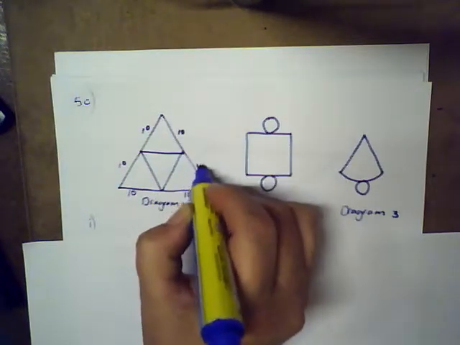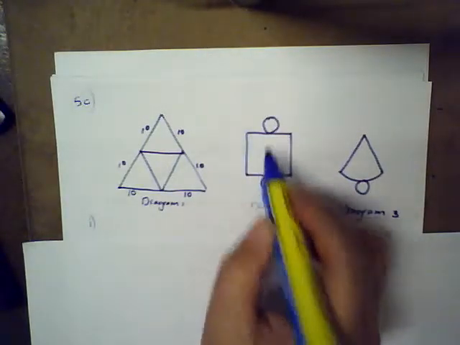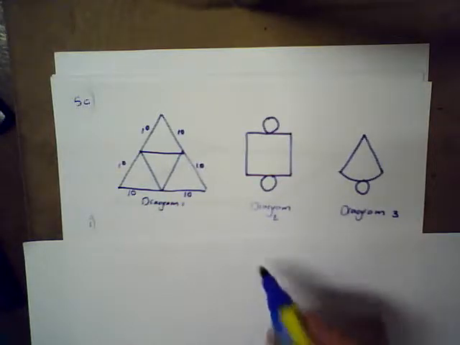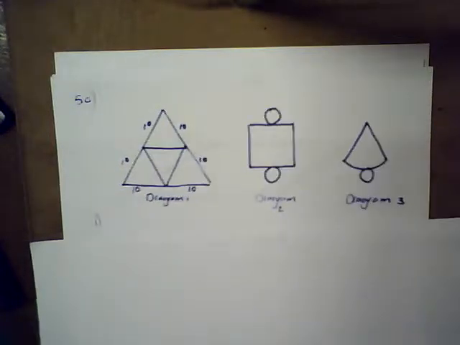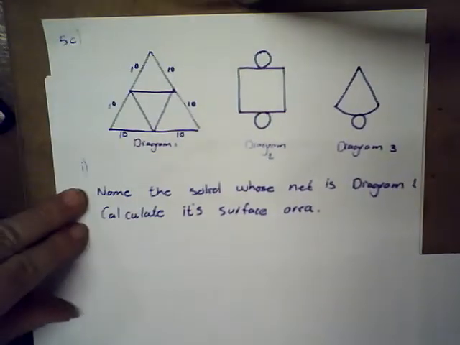Okay, so it's little triangles like that, and each straight line is 10 centimeters long, and each circle has a circumference of 10 centimeters. Then they ask us, name the solid whose net is diagram 1, and calculate its surface area.